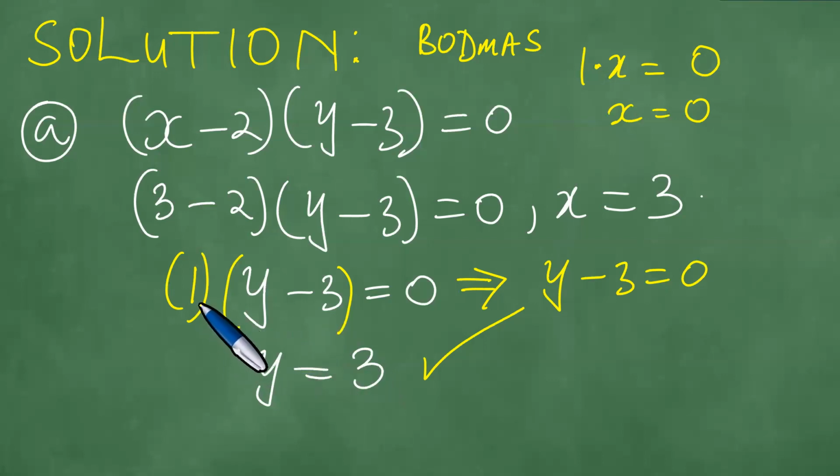And if we multiply by 1, then we have y minus 3. How did you get y minus 3? We opened up the brackets first. Why do we delete the brackets first? Because it's BODMAS. And the way to delete the brackets is to multiply. Okay. Right. Good. Next question.